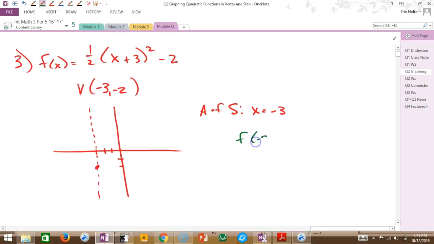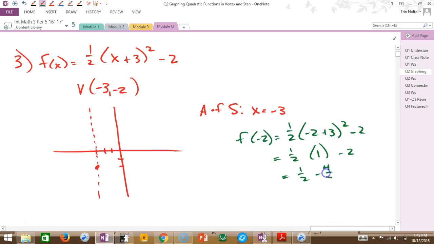Okay, so if I plug in -2, I would have 1/2 times (-2 plus 3) squared minus 2. So -2 plus 3 is 1, 1 squared is 1. So I get 1/2 minus 4/2, because 2 is the same as 4/2, right?